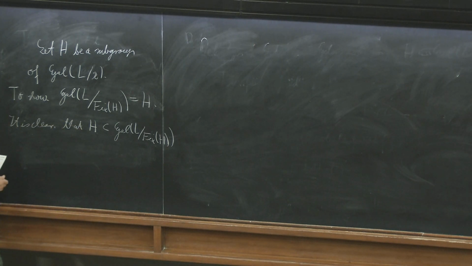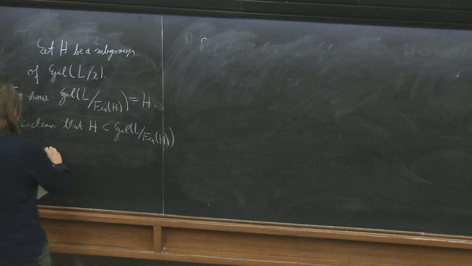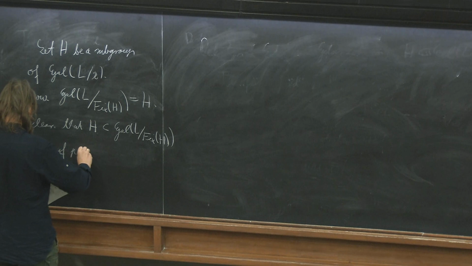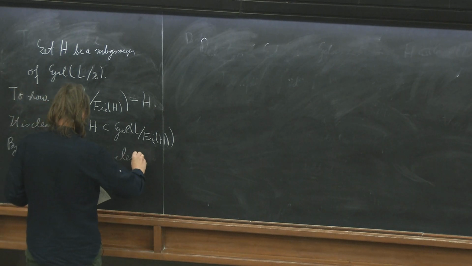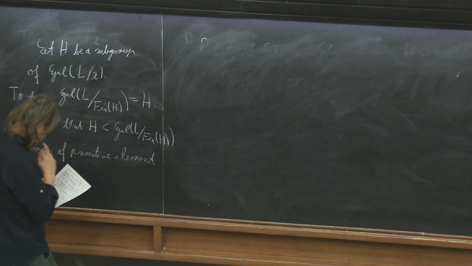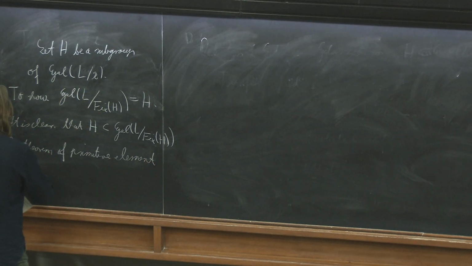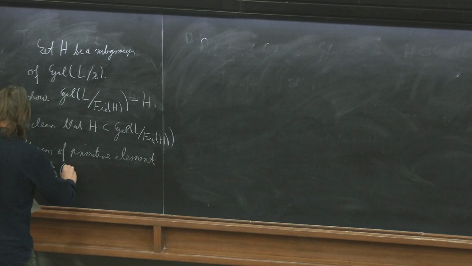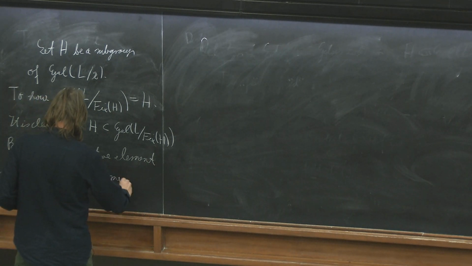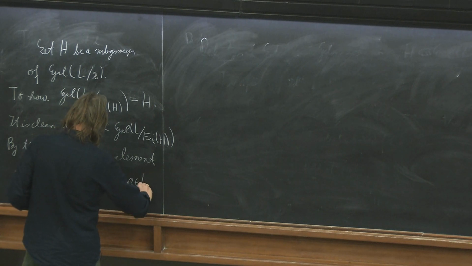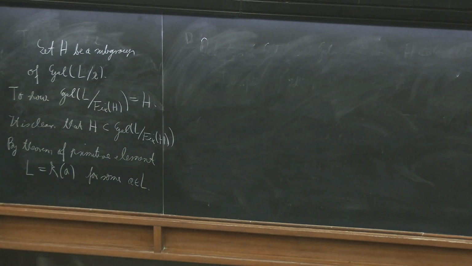So now we use the theorem of the primitive element. By the theorem of the primitive element, we can write L equal to K(A) for some element A in L. So it's a simple algebraic extension.